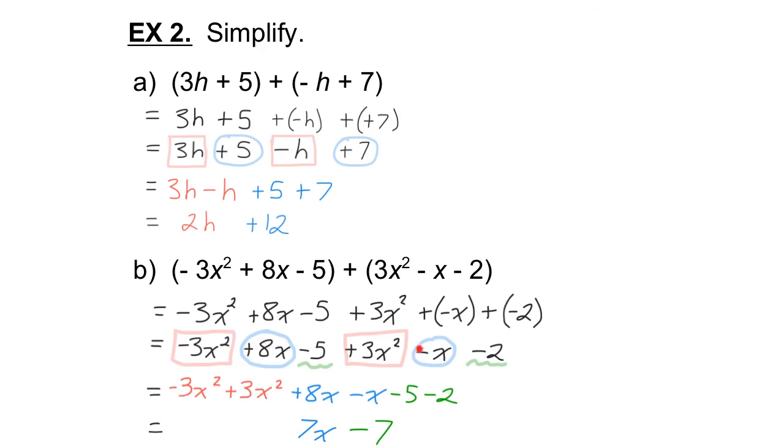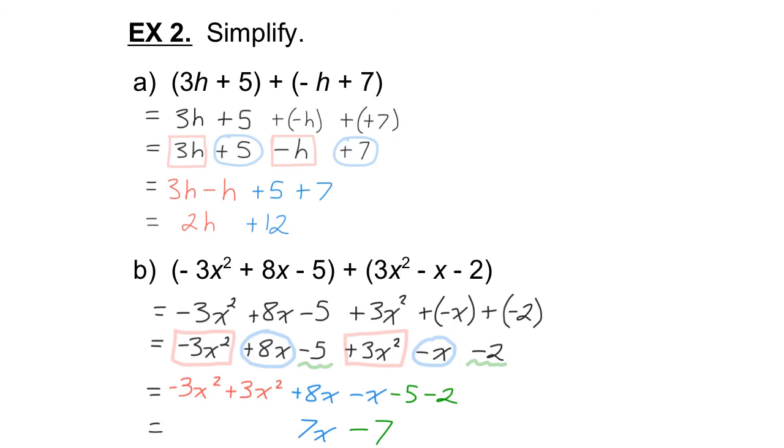Plus 8x minus x are like terms. They have the same variable, x, with the same exponent on the variable. A lot of people will try to say that these are like terms, but they're not because the variables have different exponents. Minus 5 is a constant, minus 2 is a constant, so those are like terms with each other.